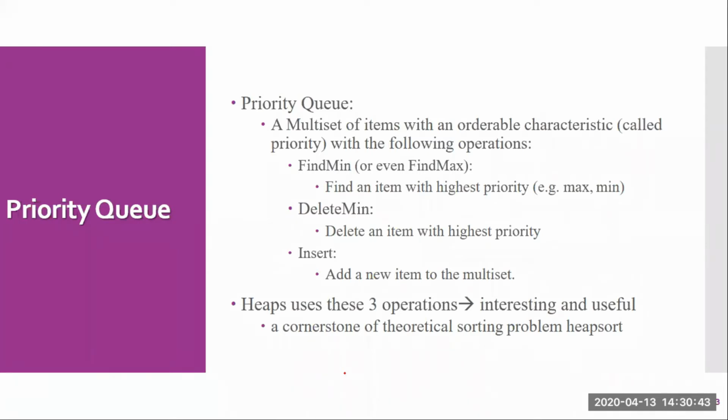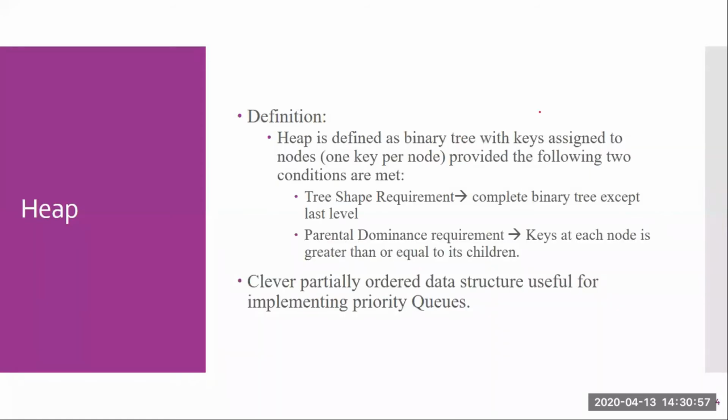Fine. So when you're talking about heap, what's a heap? The definition of a heap. In English, heap is just stacking everything one above the other. Whereas here, a heap is defined as a binary tree with keys assigned to the nodes, one key per node, provided two conditions are met.